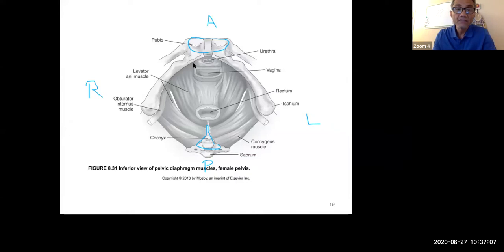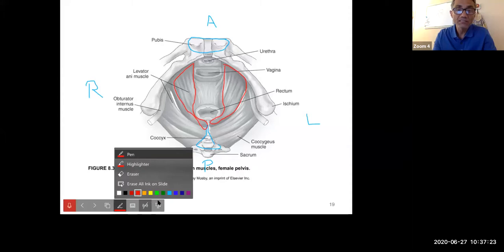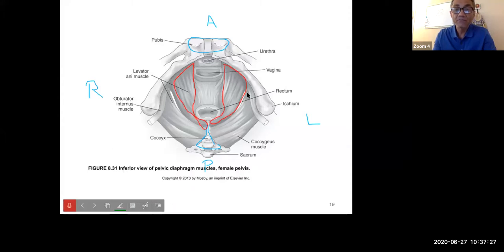So this is the pubococcygeal muscle, from the right and also from the left. And the second one, we call the iliococcygeal muscles. And of course, as you can tell from the name, it comes from the ilium to the coccygeal.